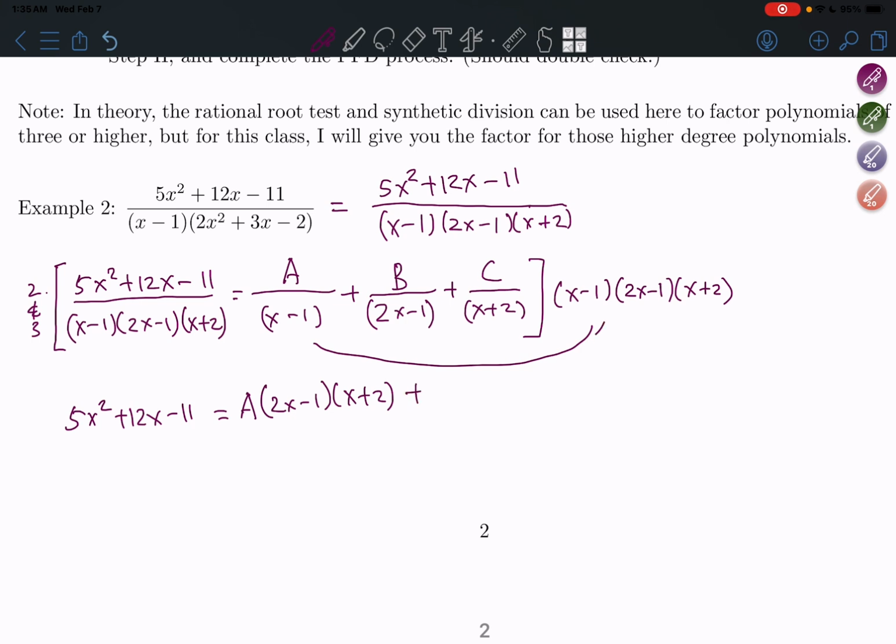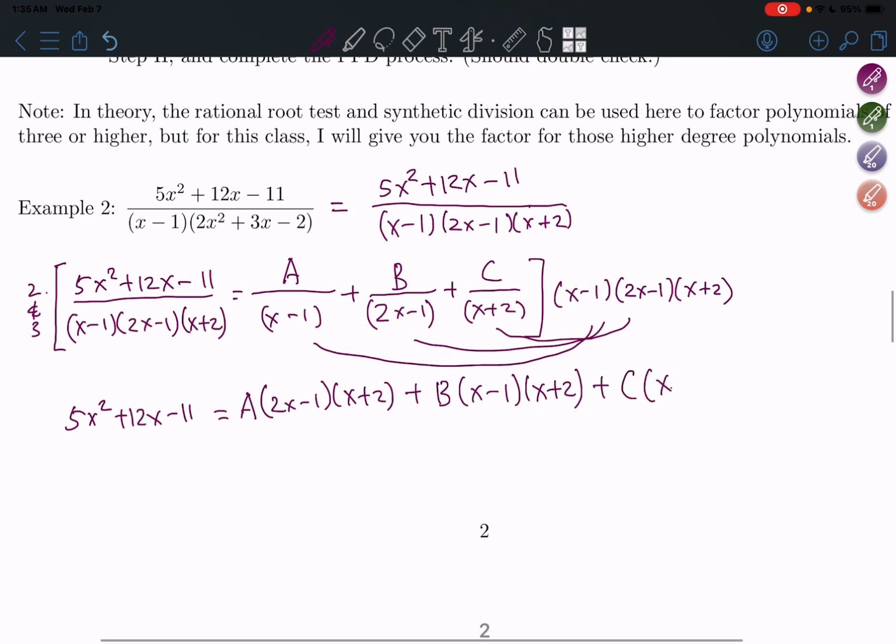Plus, when I distribute to B, the 2x minus 1 cancels, so I get B times x minus 1, x plus 2. Last but not least, when I distribute to the C part, the x plus 2 cancels, and I get C times x minus 1, 2x minus 1.